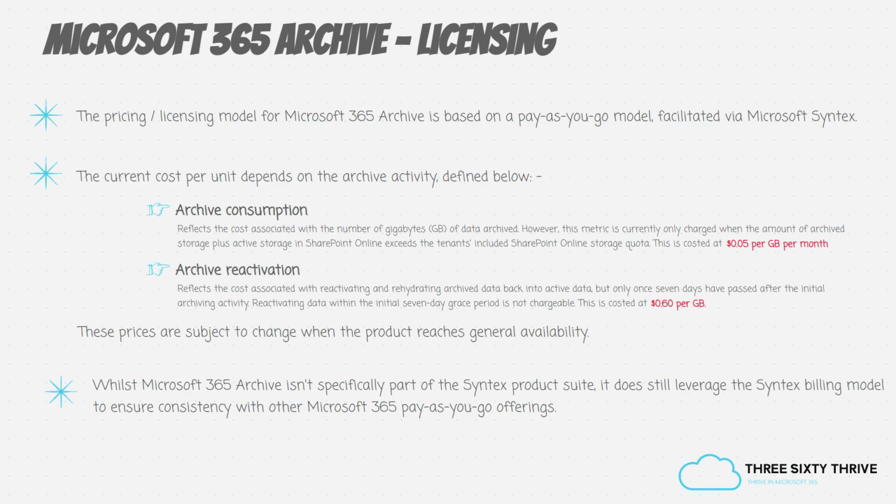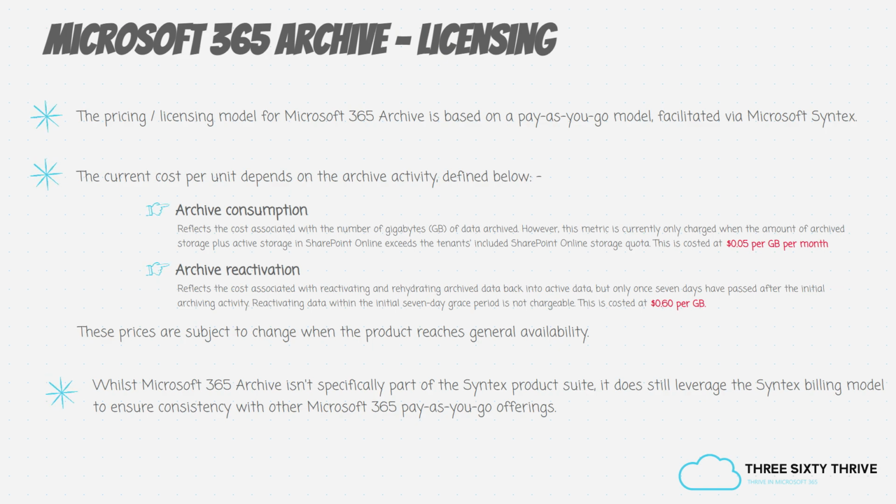Archive consumption reflects the cost associated with the number of gigabytes of data archived. This metric is currently only charged when the amount of archive storage plus active storage in SharePoint Online exceeds the tenant's included SharePoint Online storage quota. This is costed at 5 cents per gigabyte per month, or if you're in the UK, that's about 4 pence.